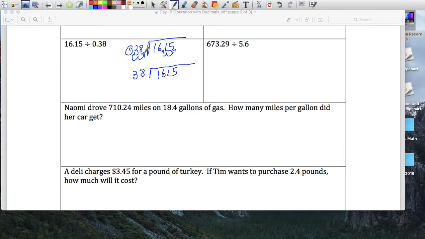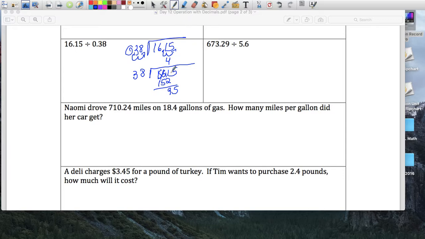Okay. 38 goes into 1, no. 16, no. 161, 5 times? I'm going to say no. Let's try 4. 4 times 8 is 32. Go 3, 12, 5. 152. 11 minus 2, because I borrowed, that becomes a 5. 11 minus 2 is 9, 95.